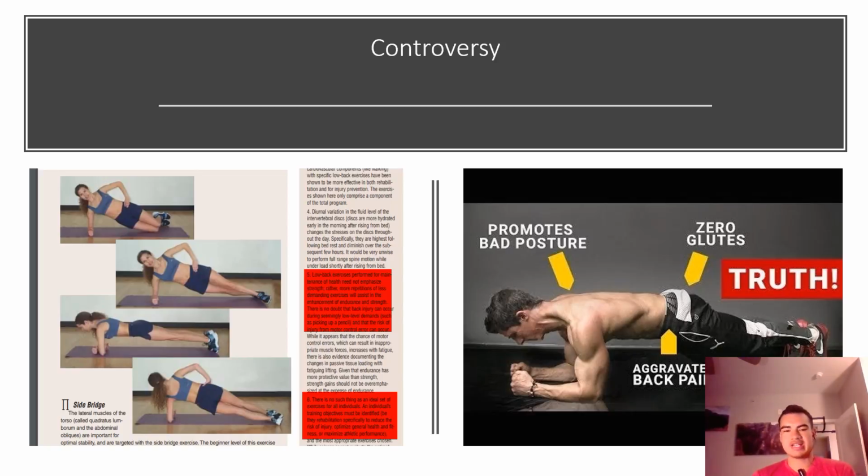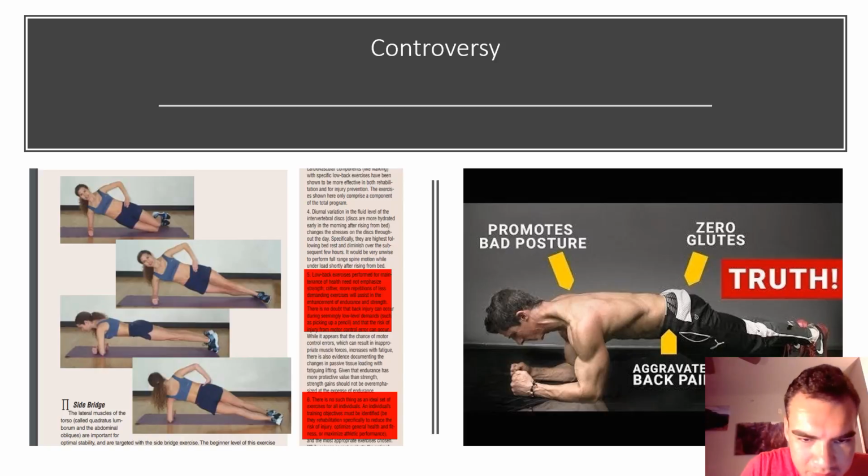So let's talk about that controversy. Right here on the left is a paper with a quote from Stuart McGill, but he says that, for the main purpose, low back exercises are not performed for maintenance. So we think about our population that is struggling with low back pain.